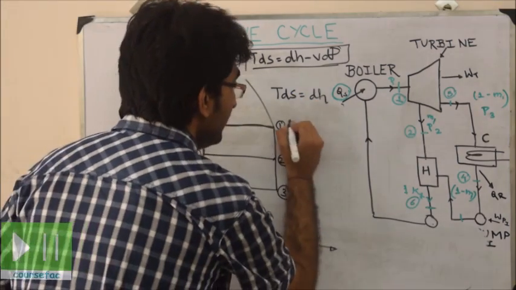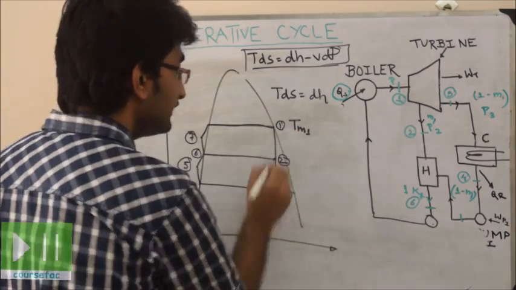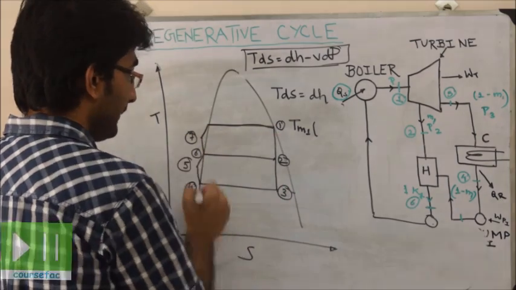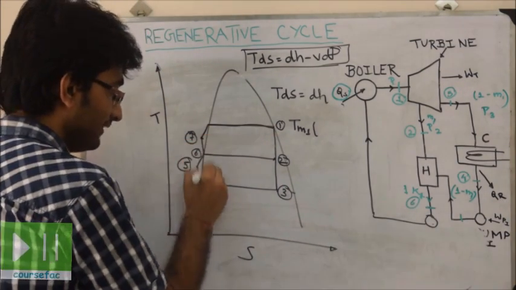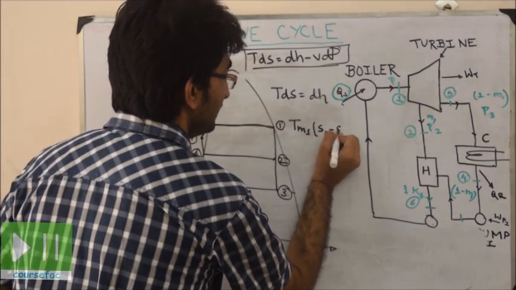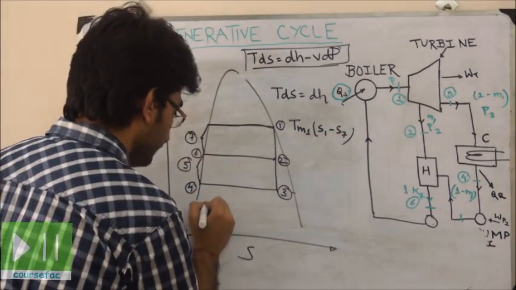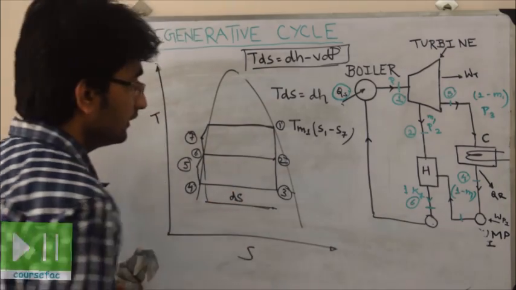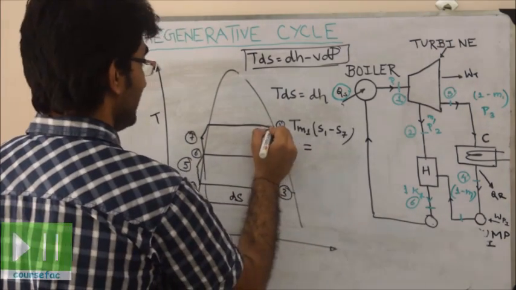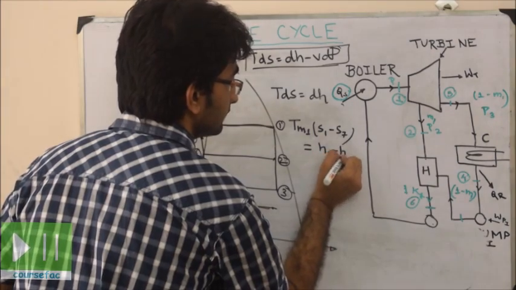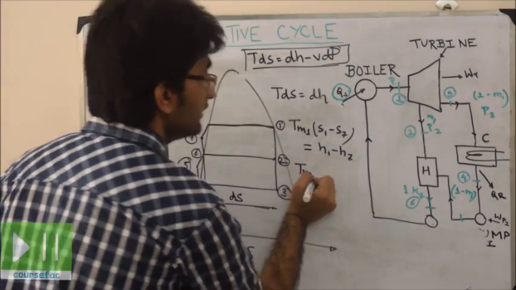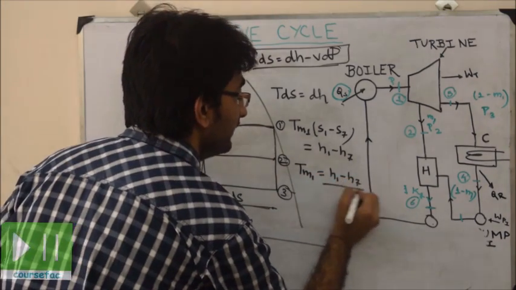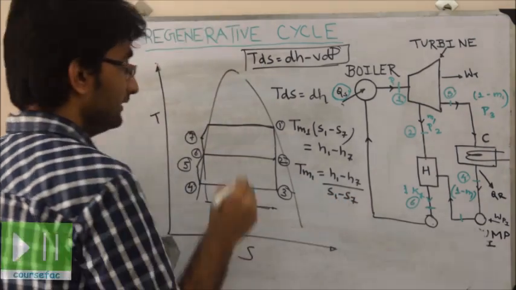So for regeneration, dS is equal to S1 minus S7, and dH is H1 minus H7. Now Tm1, that is mean temperature of heat addition, is equal to H1 minus H7 by S1 minus S7. This is for regeneration.